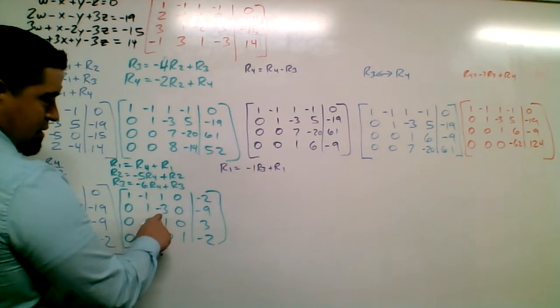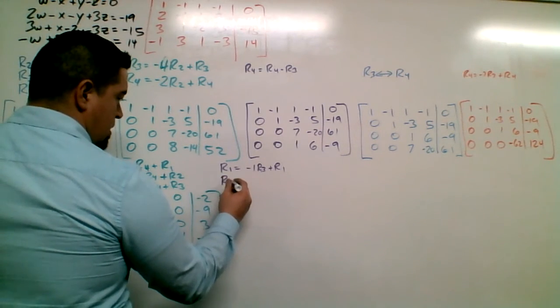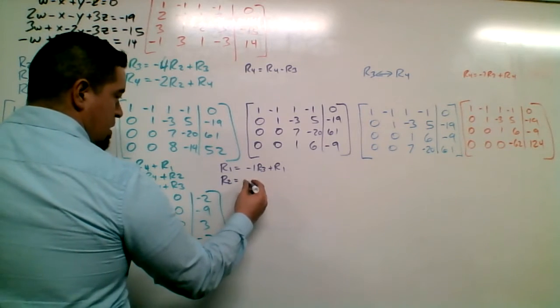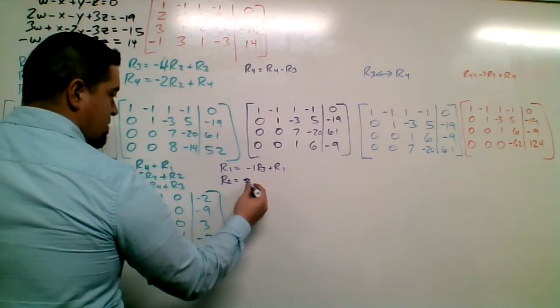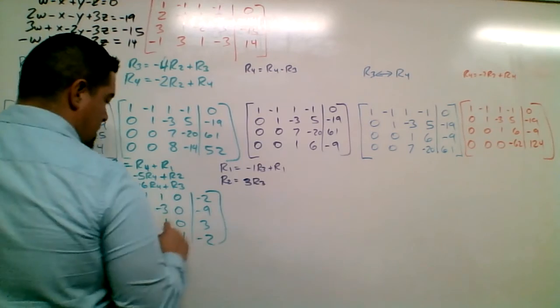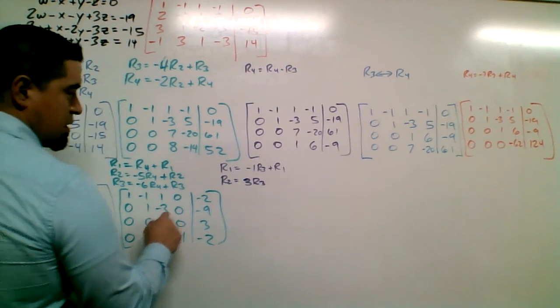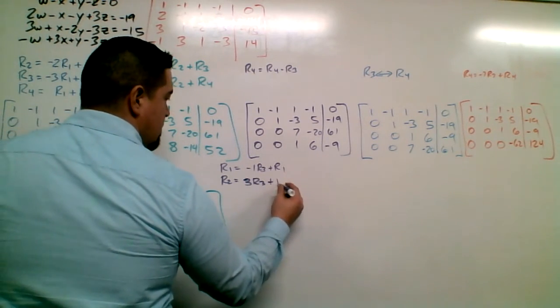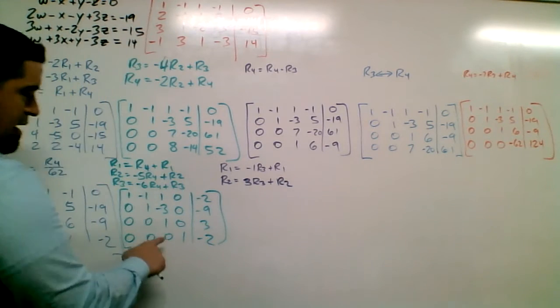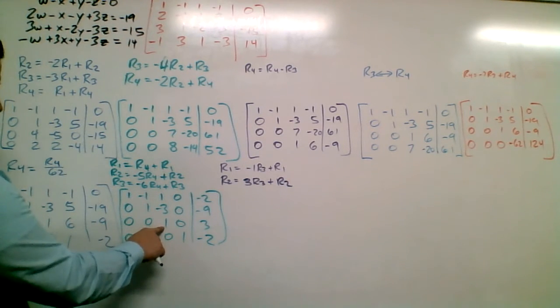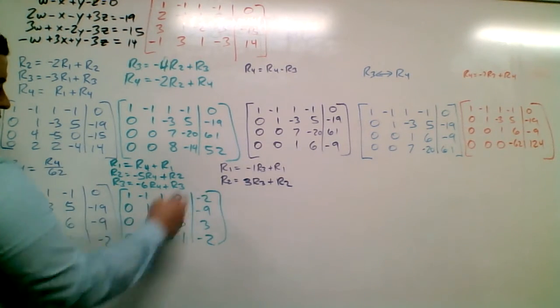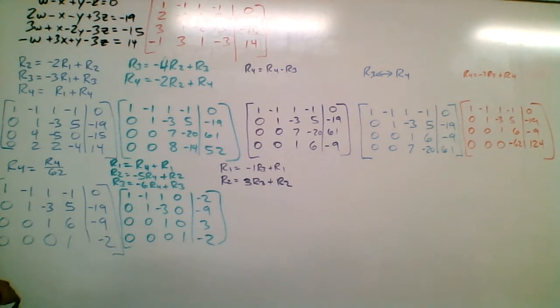And then I want to clear out this -3, so row 2 is going to be 3 times row 3 plus row 2, because 3 plus -3 gives us 0 in row 2. So I'm going to do that operation and replace row 2 with that. So we'll carry that out.